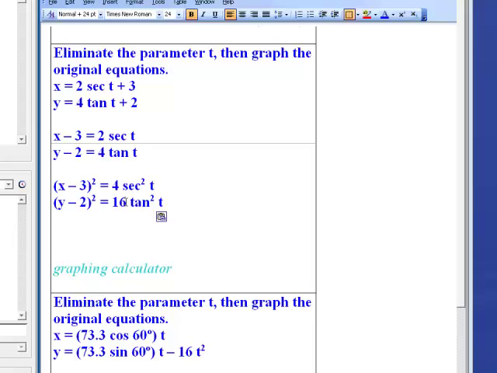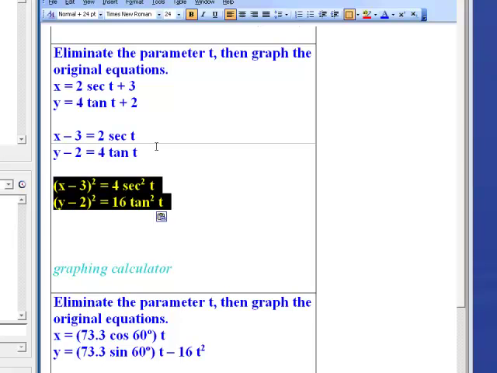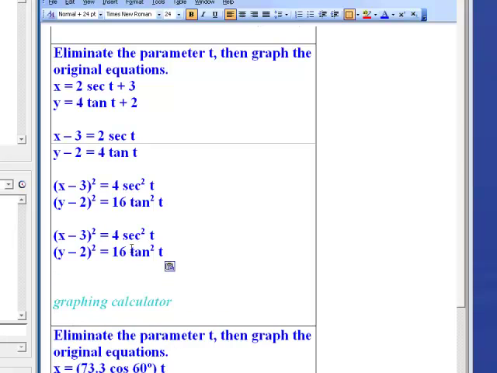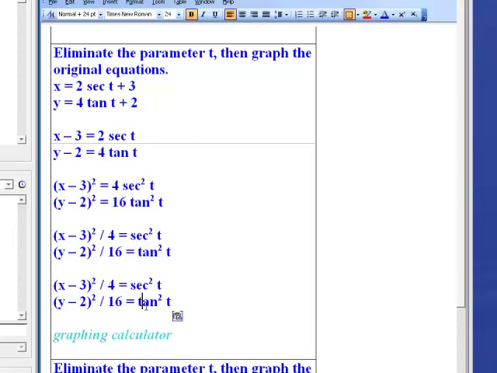And then we divide both sides by 16. So we'll do that. The first one we'll divide by 4, and the second one we divide by 16, and then we add the two sides, and no, we don't. Why not?